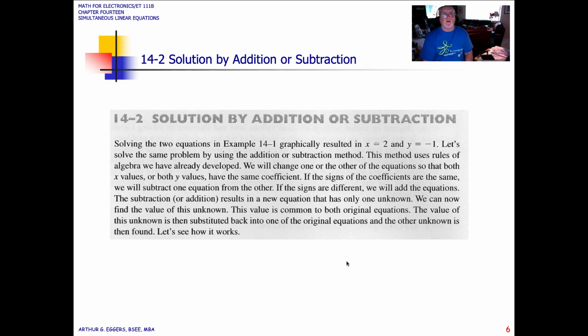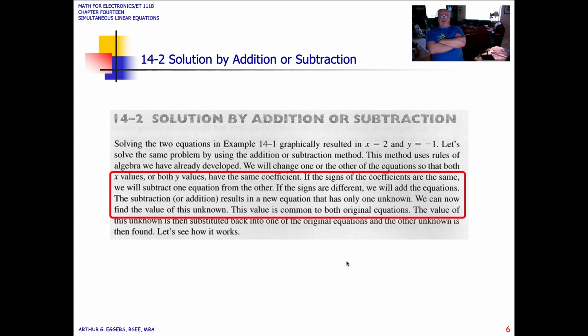So let's move forward then to the second section in your textbook, the solution by addition or subtraction. And let's take a look at their explanation. Solving the two equations from the previous example graphically resulted in x equal 2 and y equal minus 1. Let's solve the same problem by using the addition or subtraction method. This method uses rules of algebra we have previously developed.